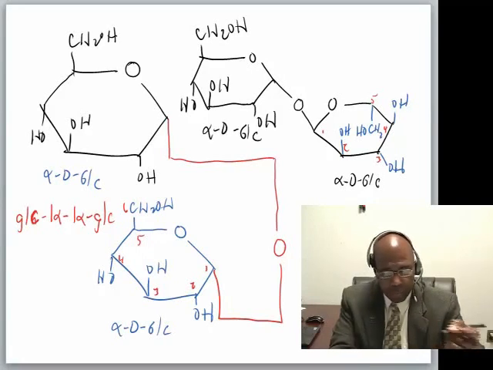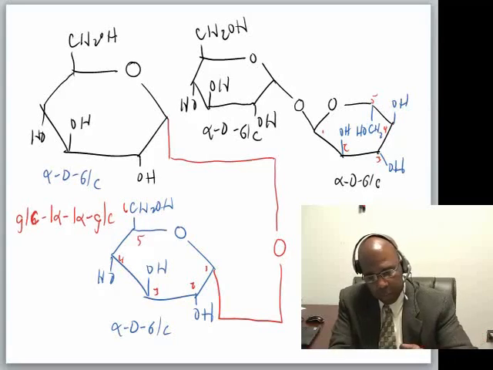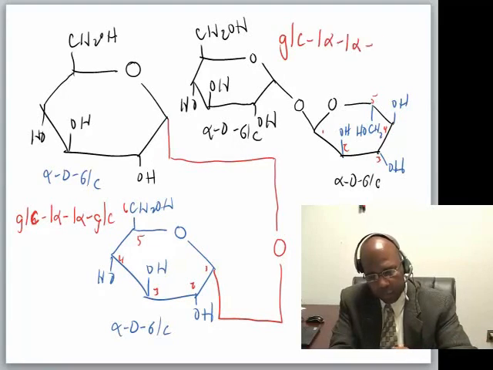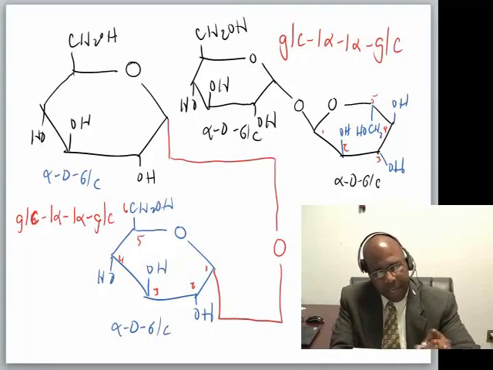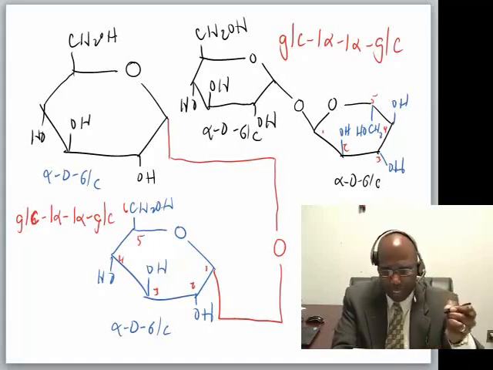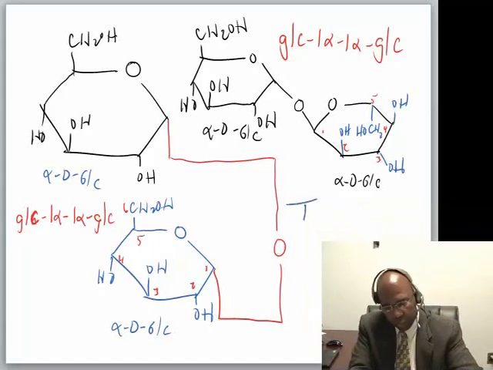And so this compound here is glucose, 1 alpha, 1 alpha glucose. Now this compound has become more important lately. It's called trehalose.